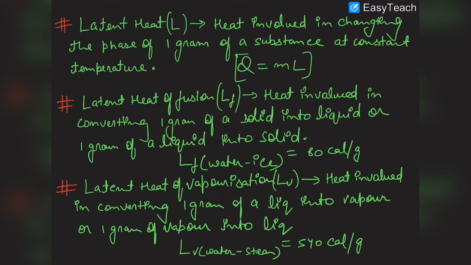So we can easily analyze this statement by the fact that when ice melts, obviously its temperature is constant at 0 degrees Celsius, but all the heat which is given to the ice is being utilized in melting it.